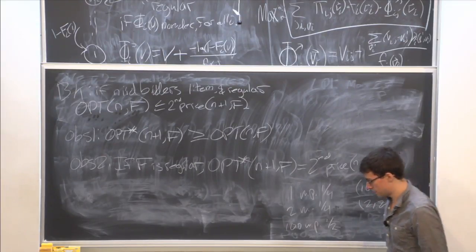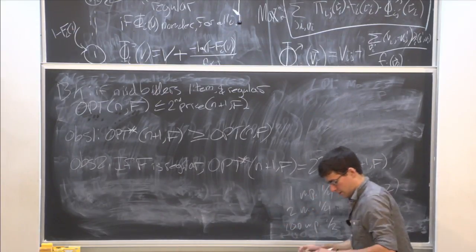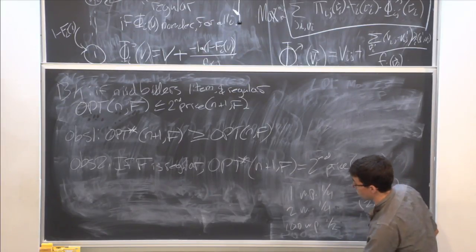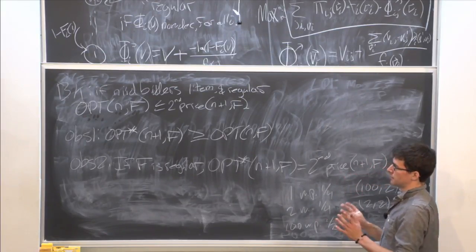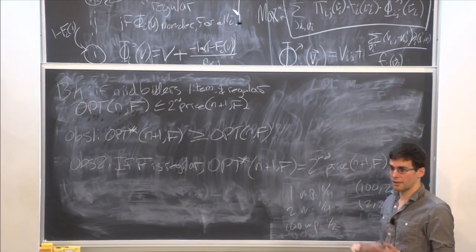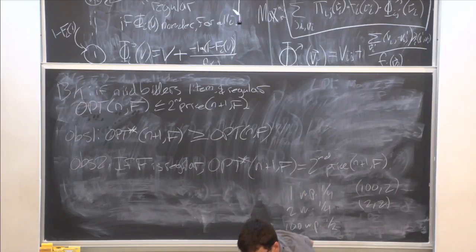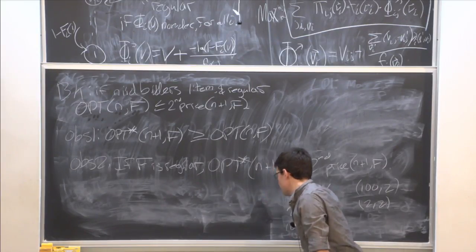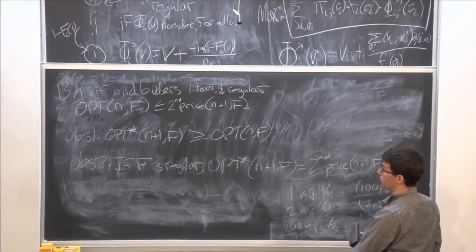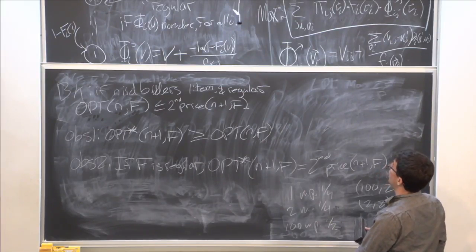So these are 2 nice results that you can prove. They were known before this framework, but in my opinion this is the right way to prove them. And that's because now this same approach can also be used to do more interesting things. So maybe let me show you one more result, and then that'll be it.